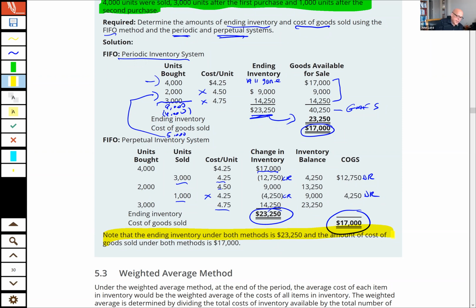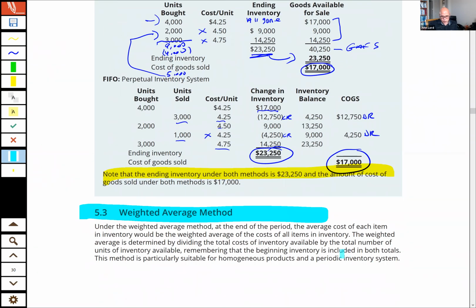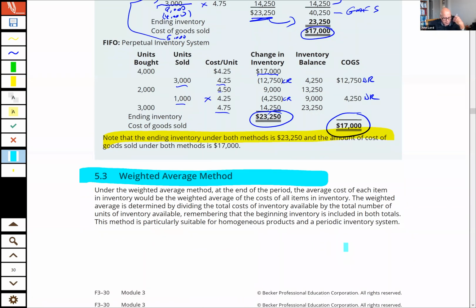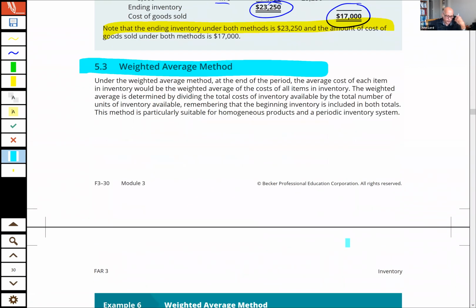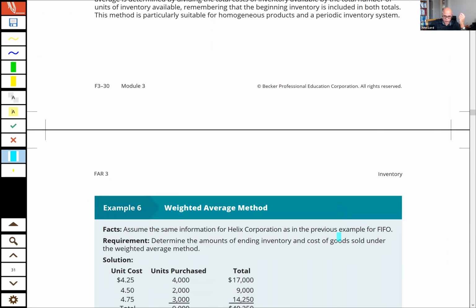Okay. Now, if you get a task-based simulation in which they're asking you, hey, calculate cost of goods sold, calculate ending inventory under these different cost flow assumptions, perpetual and periodic, you can start to get overwhelmed and tangled up in calculations like that. So if you get something like that, remember, you don't have to work the simulation in the exact order they tell you to, okay?